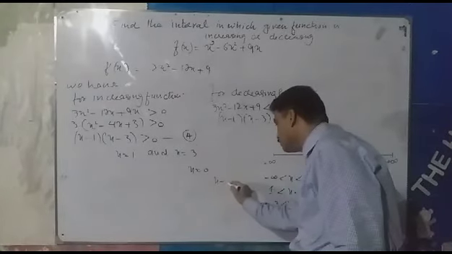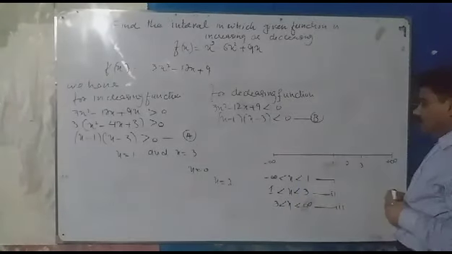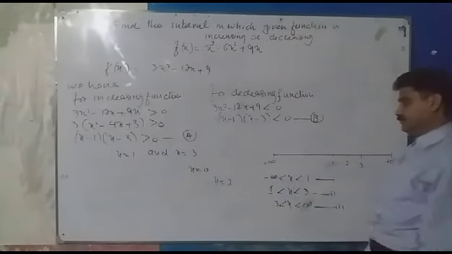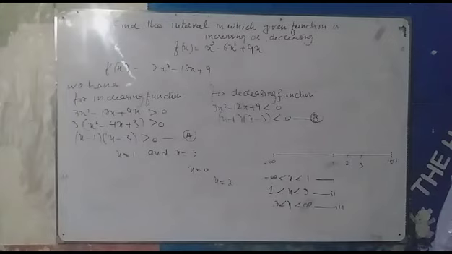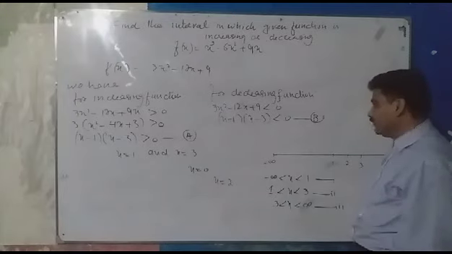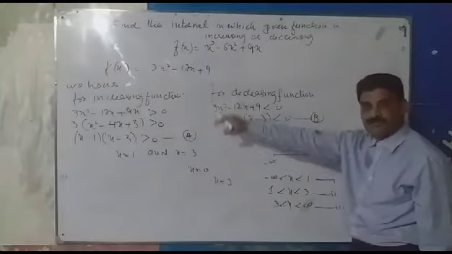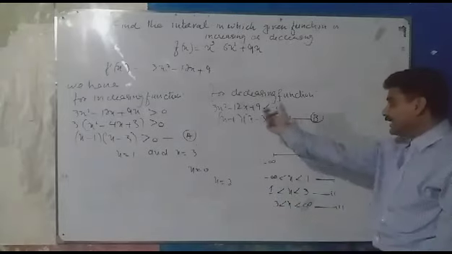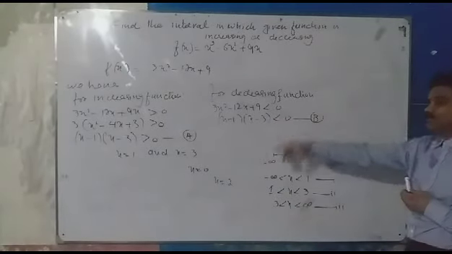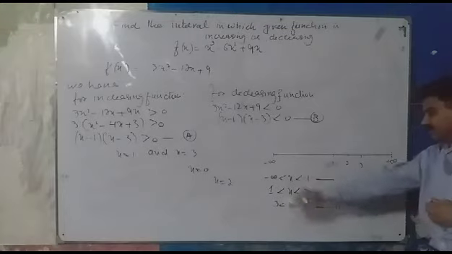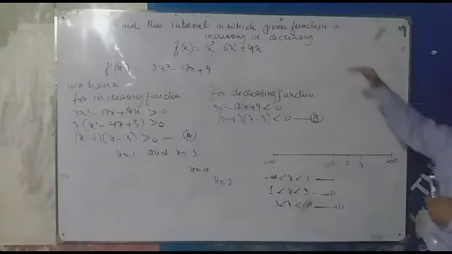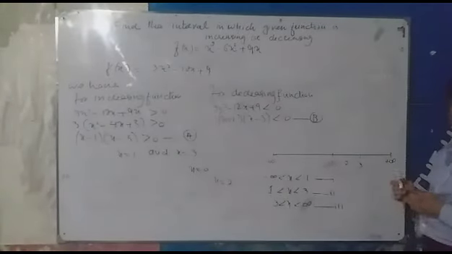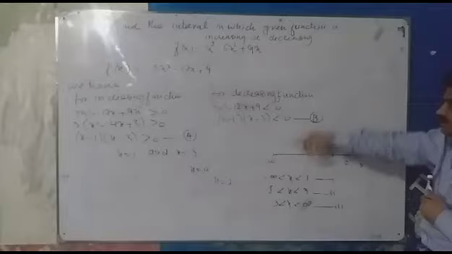When we replace x equal to 2 in inequality B, we get a negative real number, because 2 minus 1 is 1, and 2 minus 3 is minus 1, so we get a negative real number which satisfies inequality B. We can say that x less than 3 and greater than 1 is an interval for which the given function is a decreasing function. So this is a method by which we can find the interval for an increasing or decreasing function.